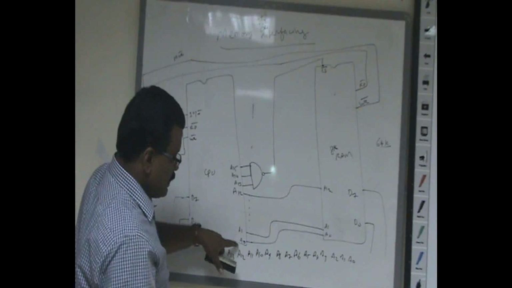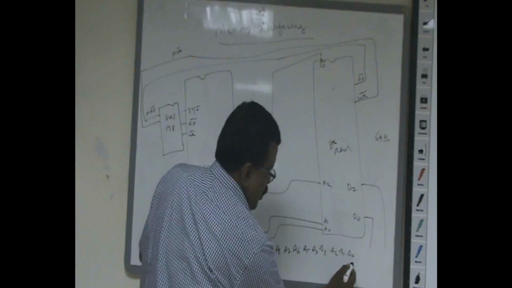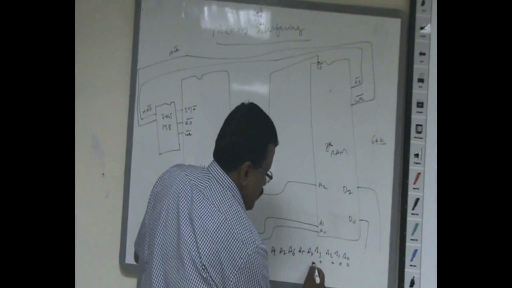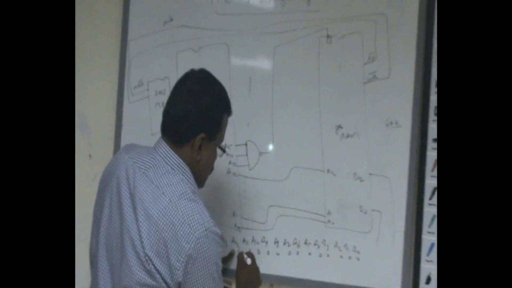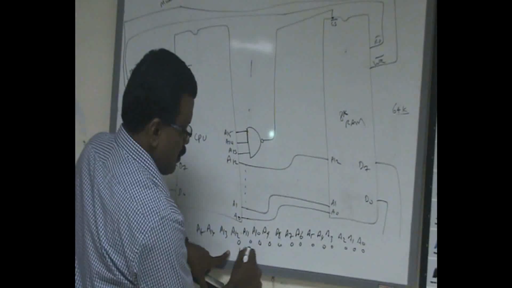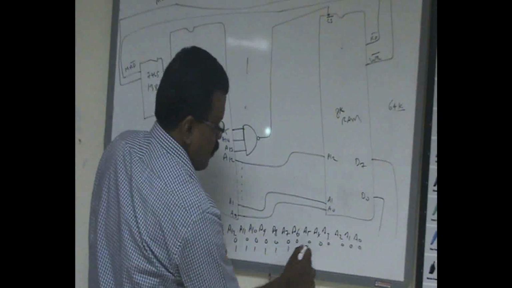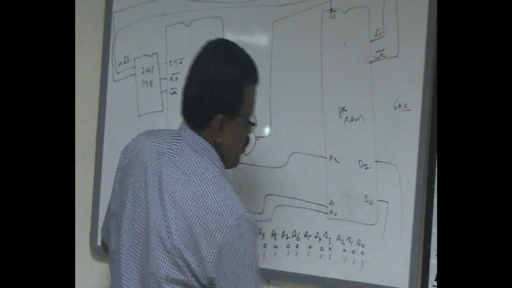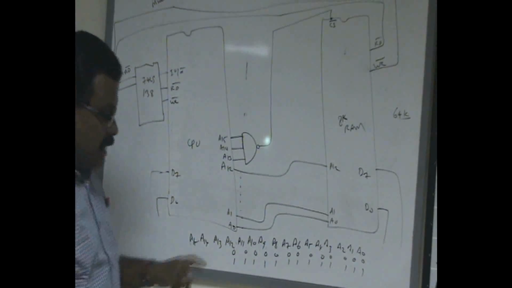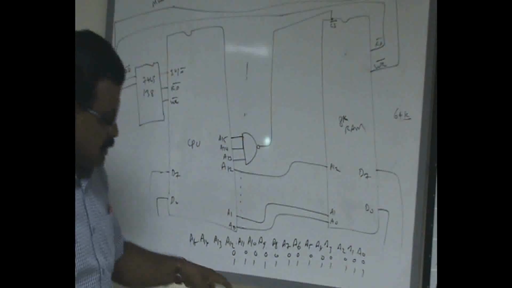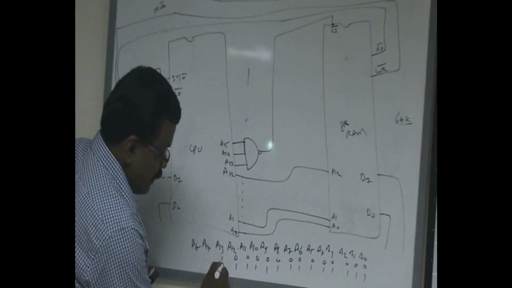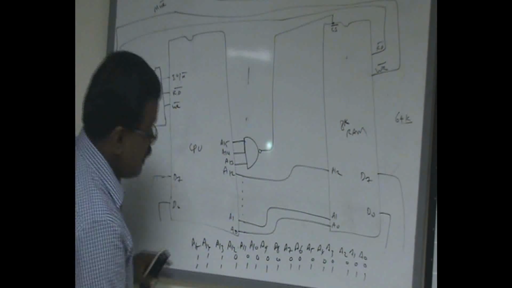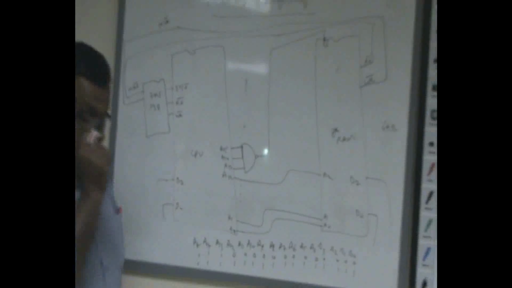As far as A0 to A12 is concerned, it may be 0, starting from 0, 0, 0, 0. That is the minimum address. The maximum combination is 1, 1, 1, 1, 1, 1, 1, 1. So irrespective of any combination between 13 zeros and 13 ones, A13, A14 and A15 must be 1. Then only the chip select signal will be enabled.